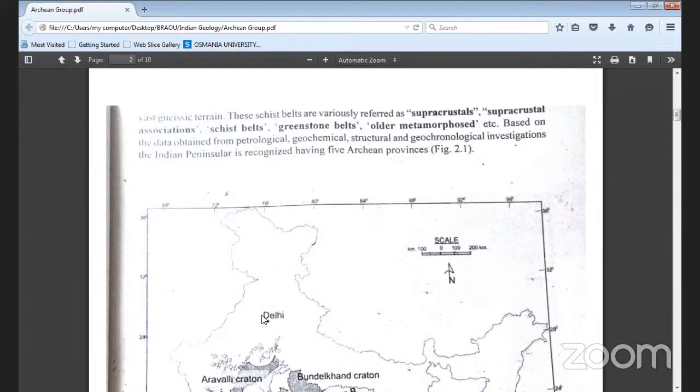Based on the data previously obtained, like petrological, geochemical, structural, and geochronological investigations, the Indian Peninsula has five Archean provinces. What are those? Let us see.